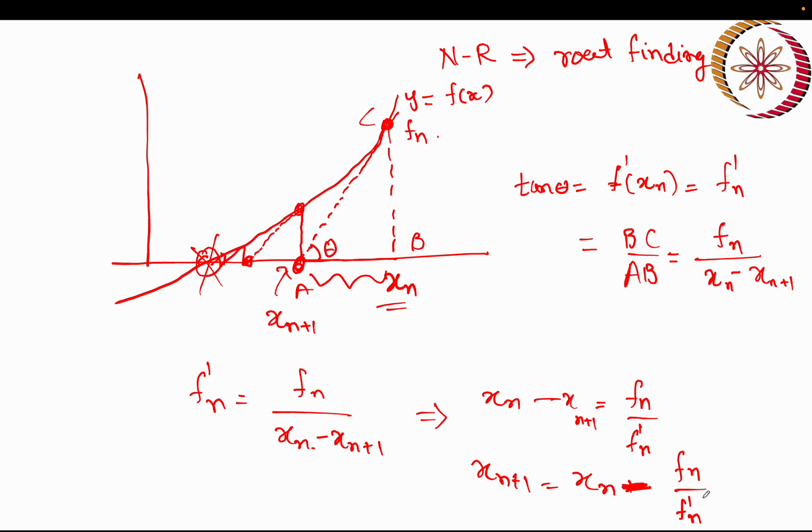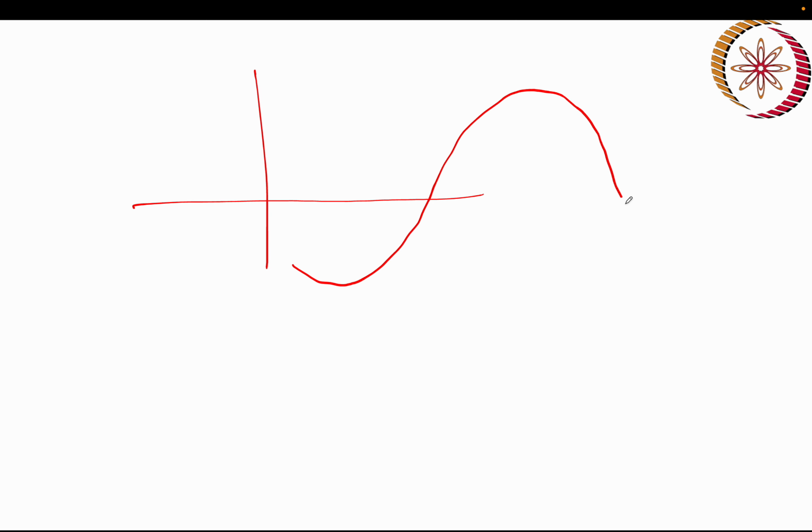Okay, so it is obvious that this denominator should not be equal to 0. If it is 0, it will give the next xn value as infinity. That situation occurs, let's say, if we have a sine wave.